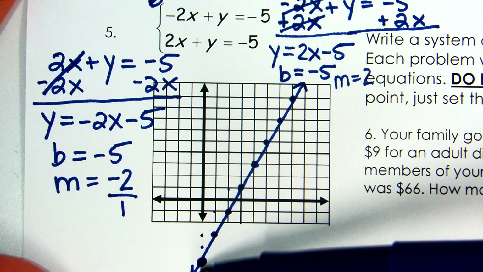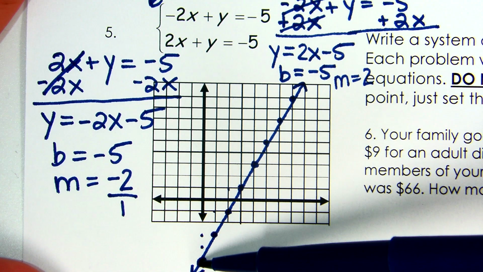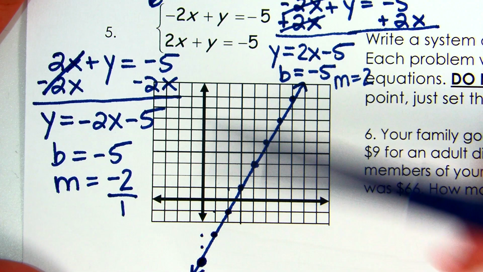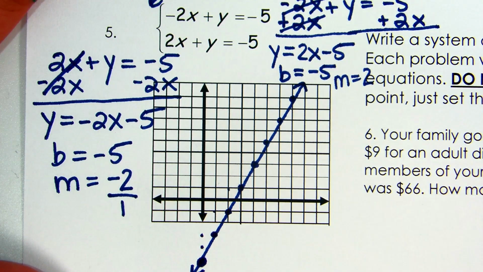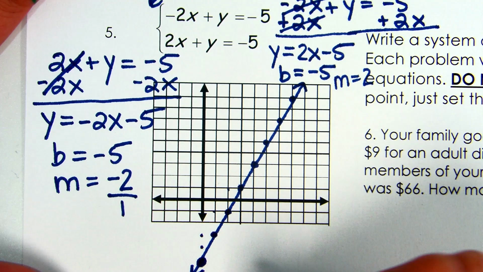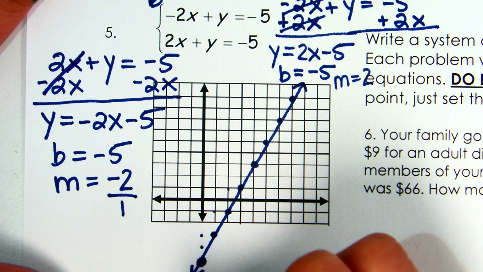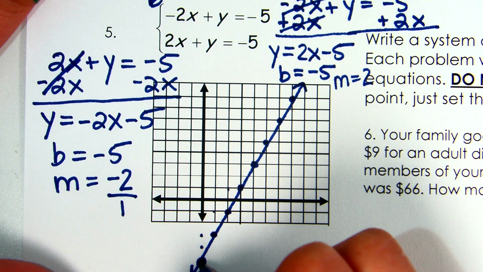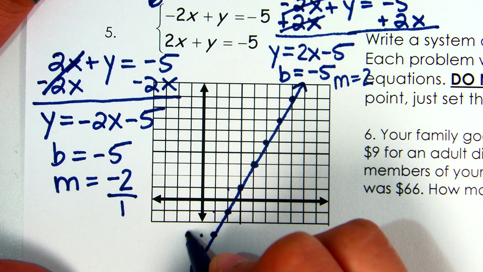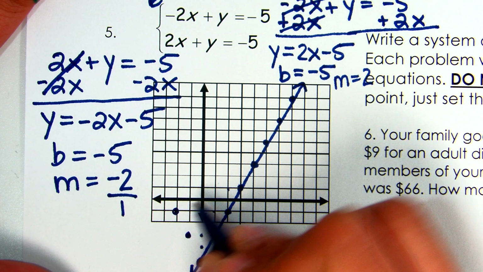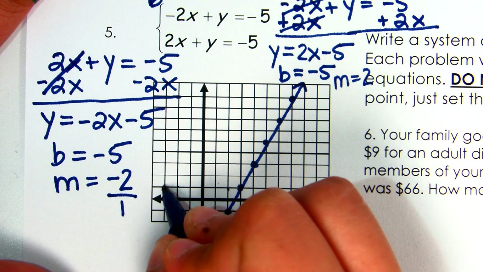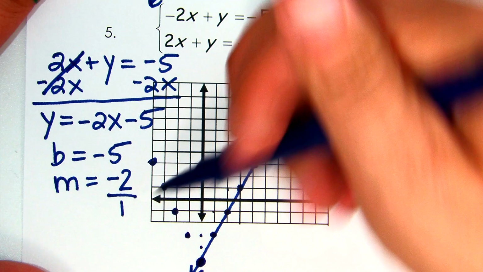So instead of going down and right, I'm going to go up and left. As long as I do both opposite, I can switch which directions I'm going. So up 2, left 1, up 2, left 1, up 2, left 1, up 2, left 1.